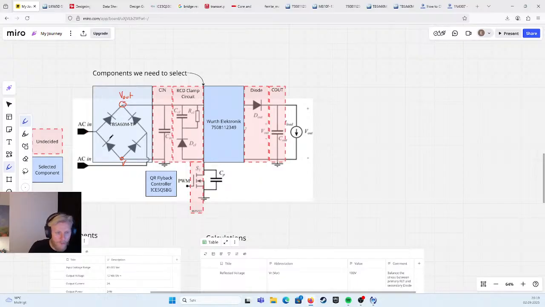So in the positive cycle, current will flow like this, and across the load, let's just say it's just a simple resistor, it will go to ground.